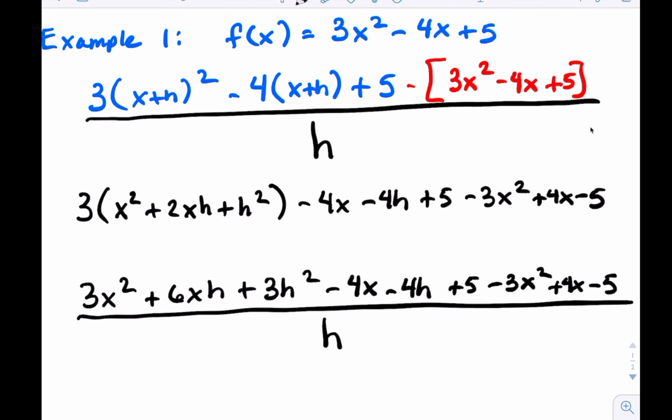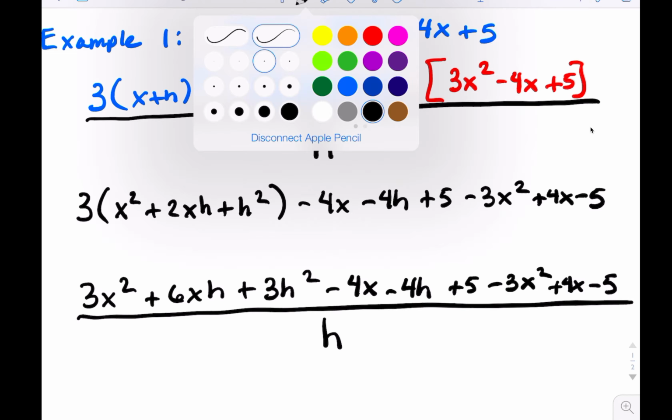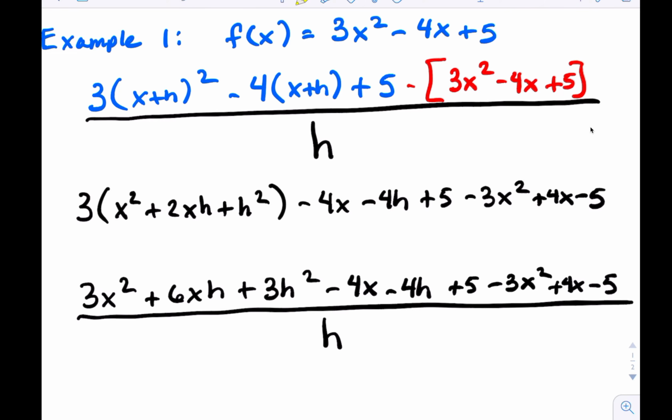Now, like I told you guys in class, if you do this properly, you should have things cancel out with one another. I see 3x squared can go away, negative 4x and positive 4x can go away, and then 5 and negative 5.